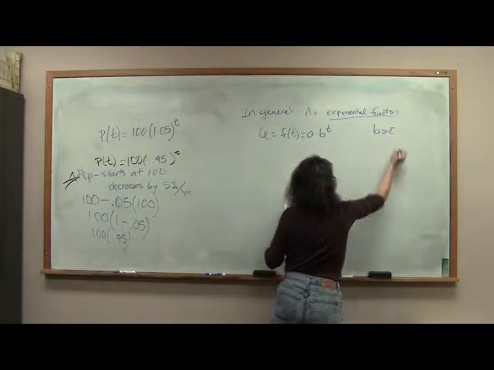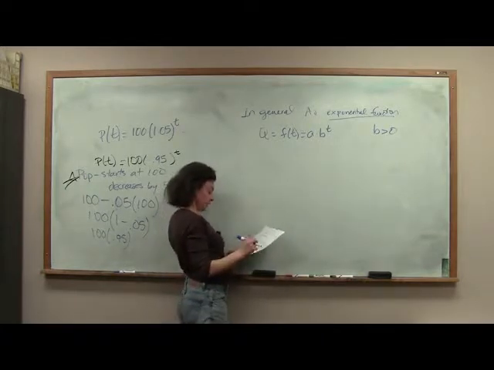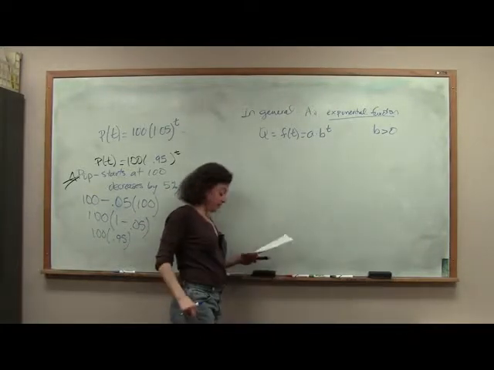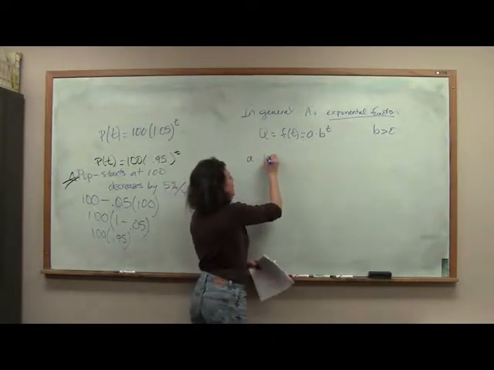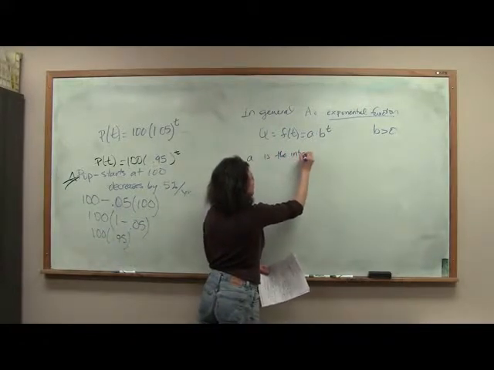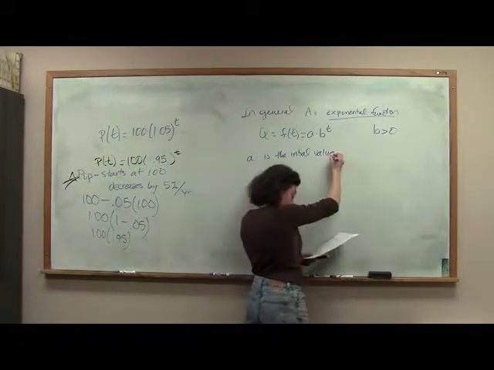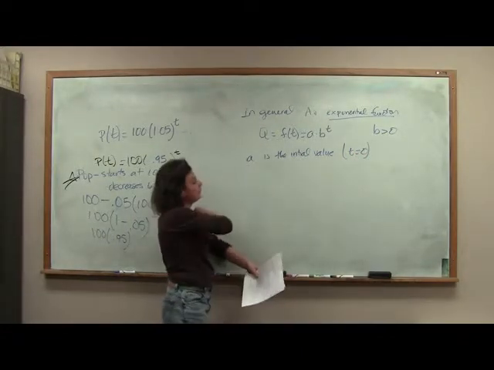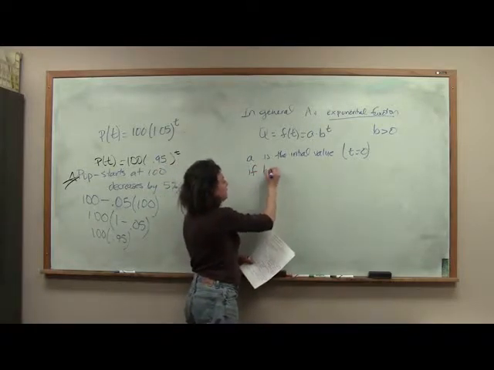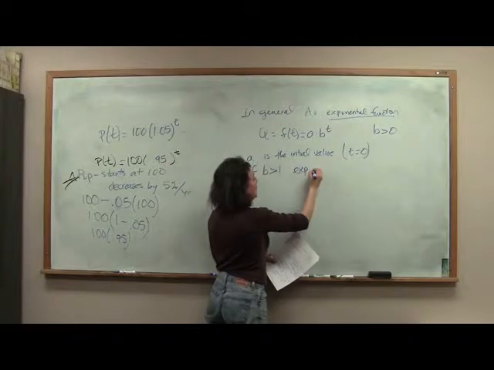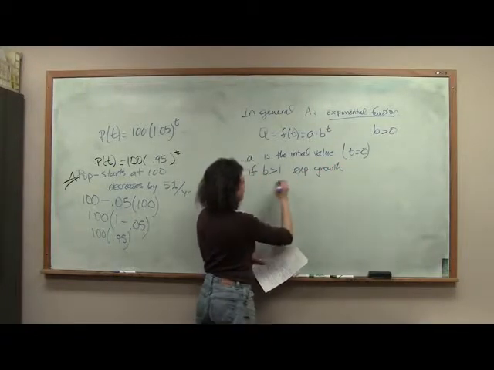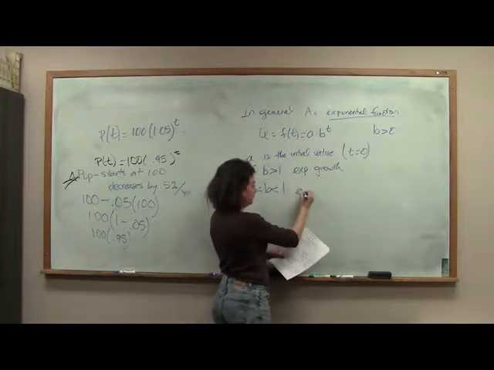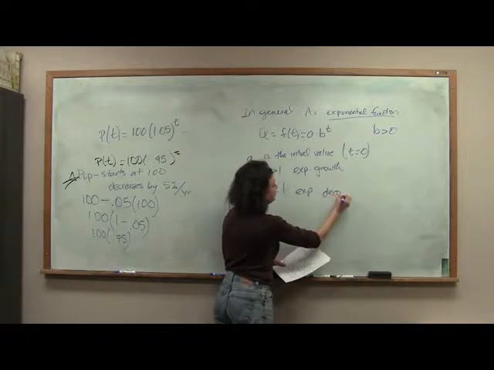B, first off, has to be greater than 0. Okay? So in general, an exponential function is a times b raised to the power of t, where a is the initial value. In other words, it's the value when t is equal to 0. Okay? If b is greater than 1, you have exponential growth. If b is between 0 and 1, you have what we call exponential decay.